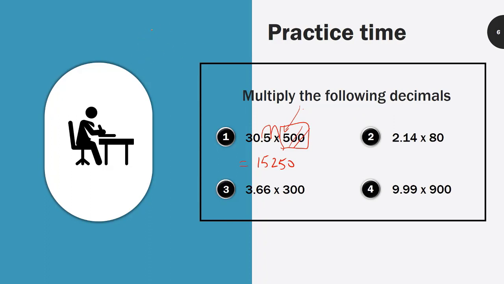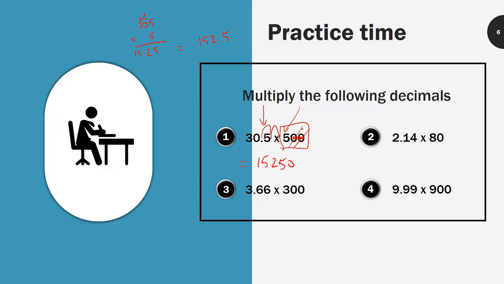Another way that you could do it is you could say, all right, I'm not going to think about those zeros at the moment. I'm going to do 305 times 5, okay, and 5 fives are 25, 5 times 0 is 0, I'll bring down the 2, and then 5 times 3 is 15, and then I had 1 decimal place in my answer, so that means I have 152.5.